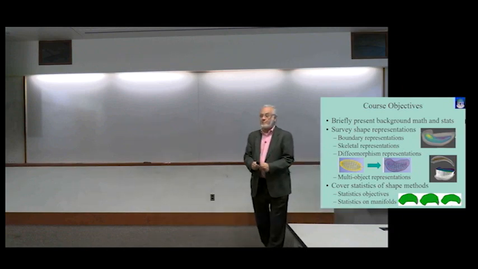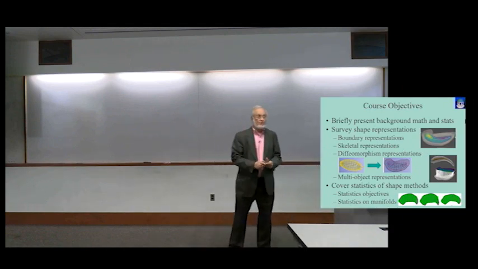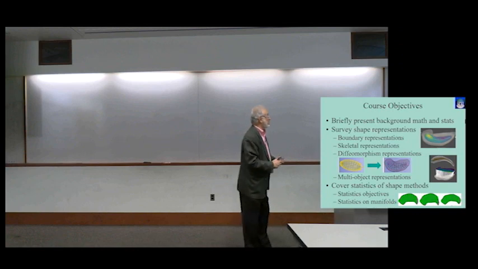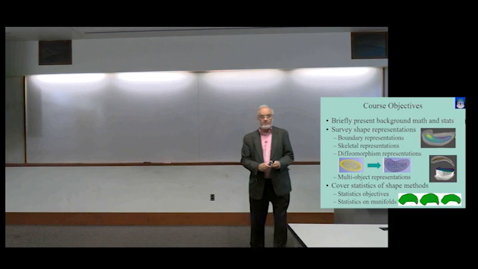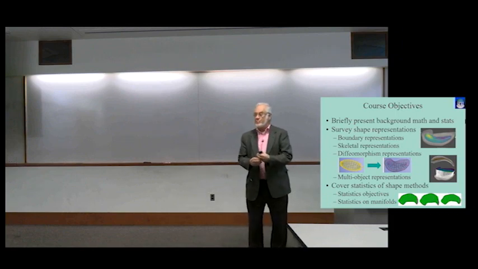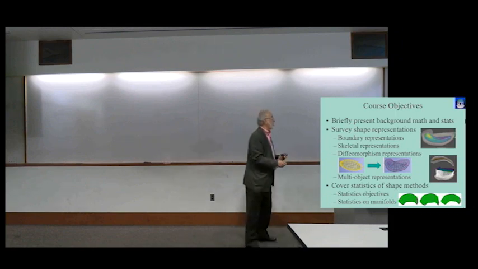Diffeomorphisms are smooth deformations. Okay, and so you have a basic object here, such as an ellipsoid. And you talk about how the space containing the ellipsoid is warped to give you the object. And then the shape representation is the diffeomorphism.